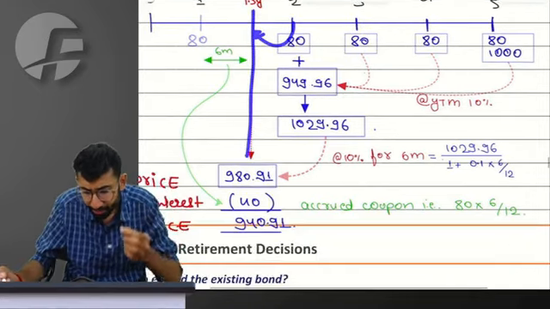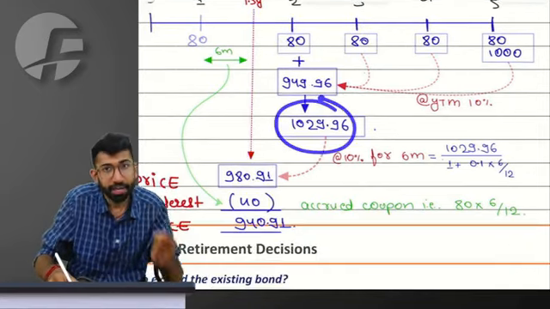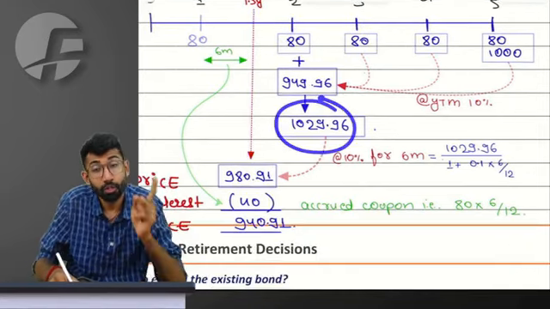So let me simply discount this amount at the rate of 10%, but only for a period of 6 months. Sir, 1029.96 divided by 1 plus R. But R, which is 10% YTM, is obviously a per annum YTM. I need to discount it only for a period of 6 months.